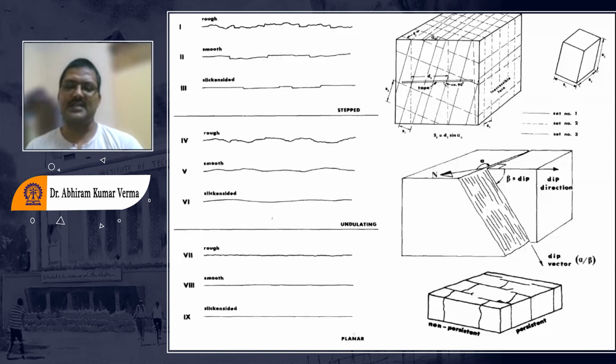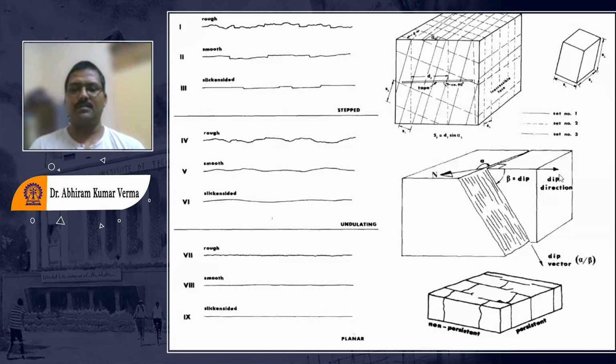And if the discontinuity is not persistent, we can define it as non-persistent; here you can see there is a break at each occasion. So it is not a persistent type of joint which continues to a larger depth. So this is also very, very interesting.